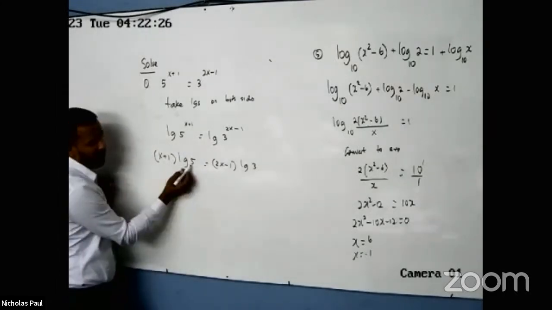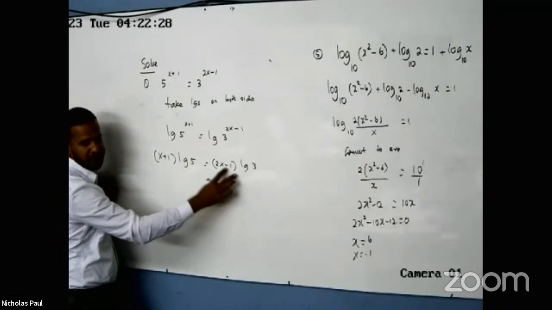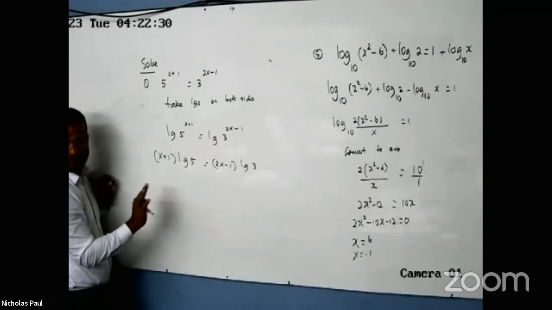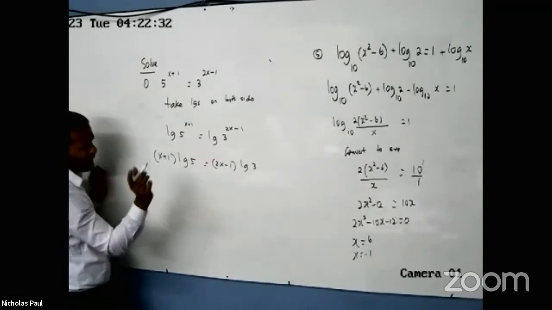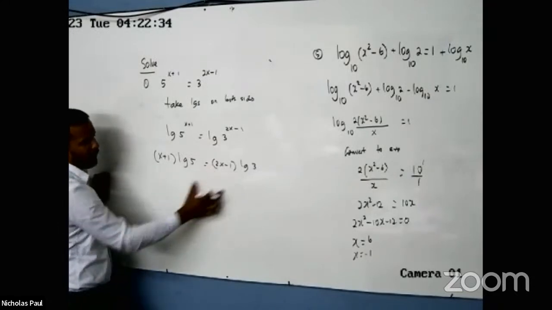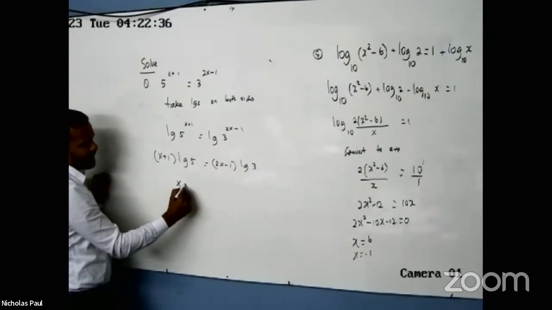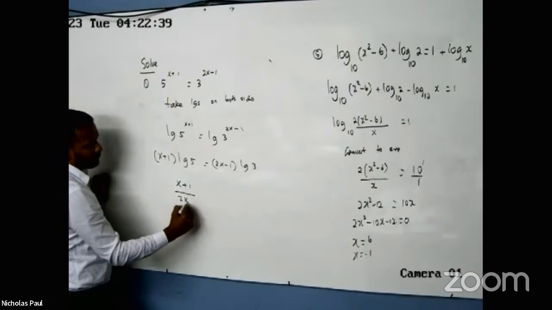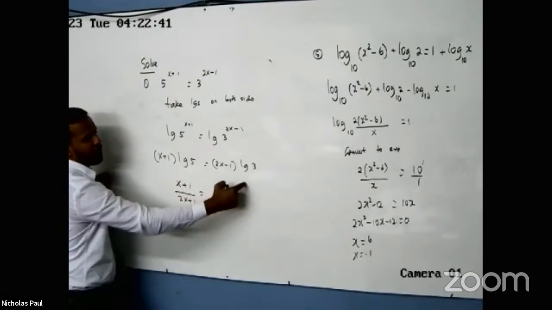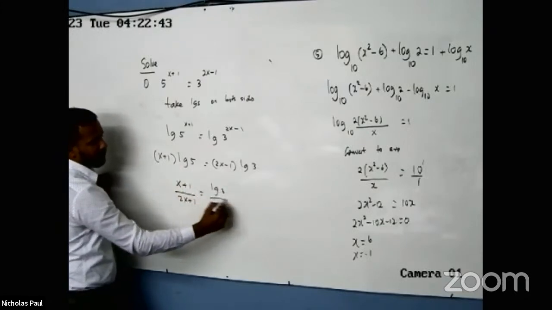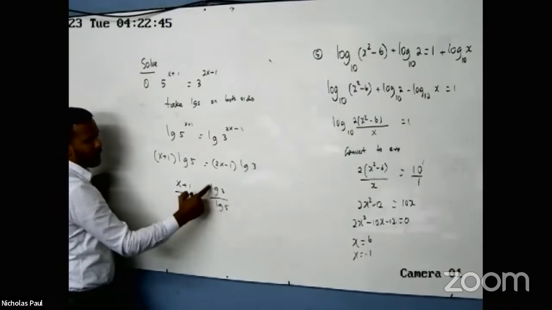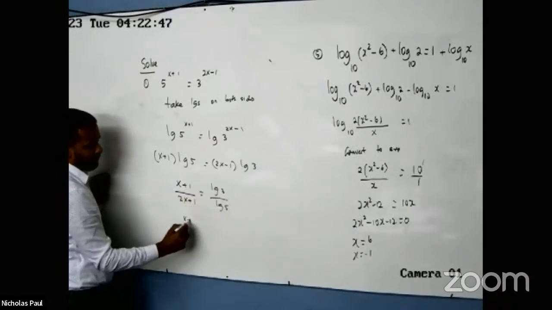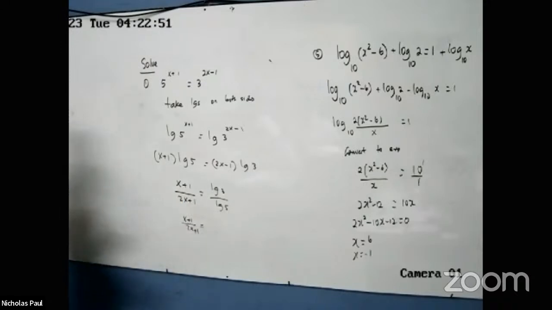You can take the log 5 and work it out, or you can bring the logs on one side, numbers on one side. It's up to you. Actually, let's stick to that. Bring all the x's on this side. Carry the log on this side. What's log 3 over log 5?